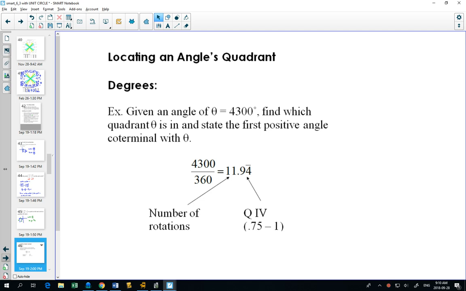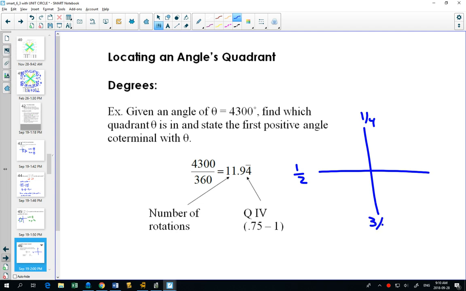So if I take 4,300 and divide by 360, that will tell me how many full times it goes around. This one goes 11 full times around, and then another 0.94. If you think about your unit circle, would this make sense that this is halfway around, this is a quarter of the way around, this is 3/4 of the way around? 0.25 is a decimal, 0.5, 0.75.